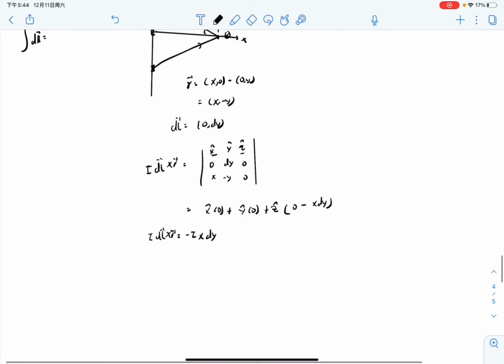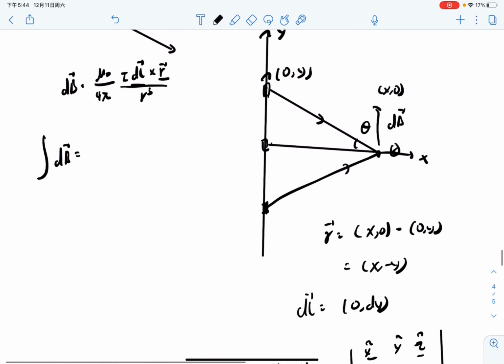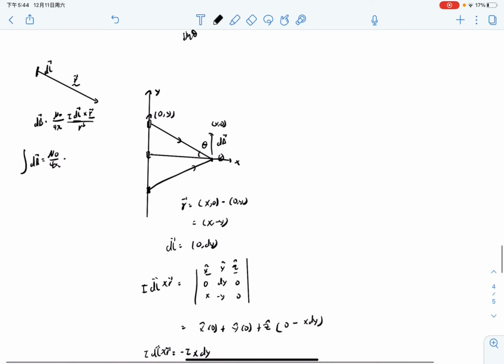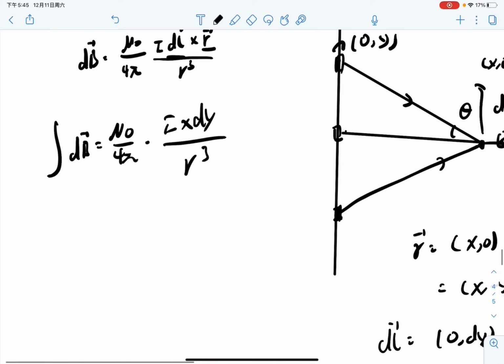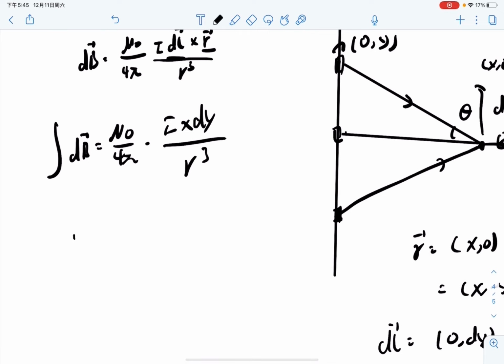And plugging in, you can see dB is equal to mu over 4 pi times I x dy over r cubed, and r is equal to the square root of x squared plus y squared.